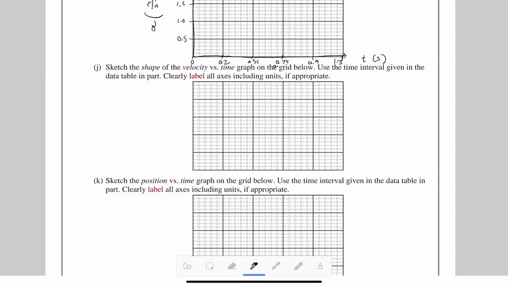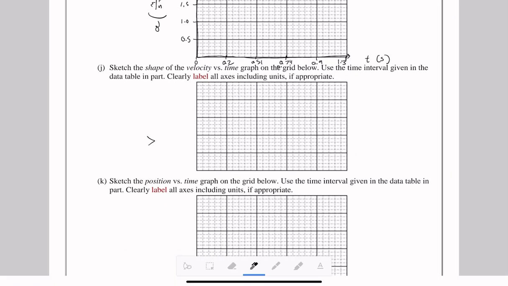And then for the velocity graph, I'm going to label this side as v. The units would be meters per second. And then again, the x-axis is time in seconds. So we're using the same time interval. And I'm just going to use the same chunks as I did for the acceleration graph.